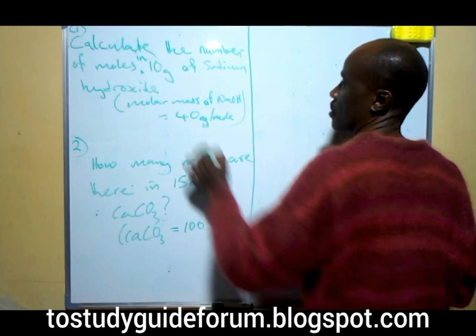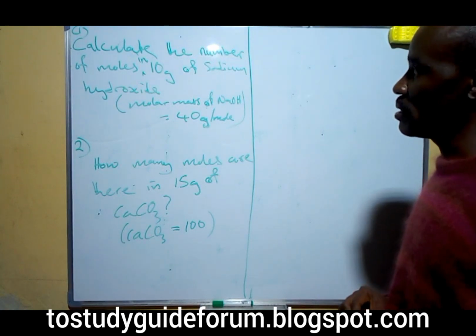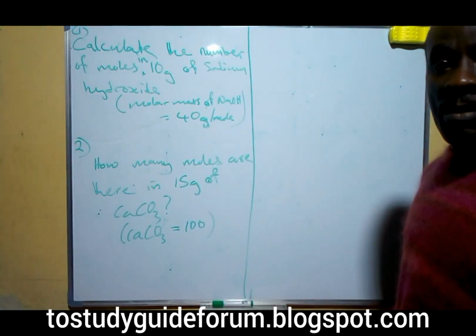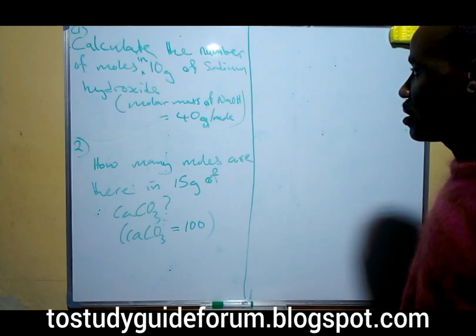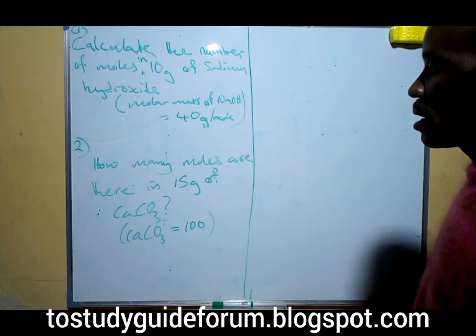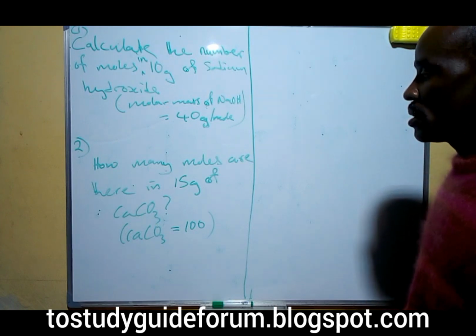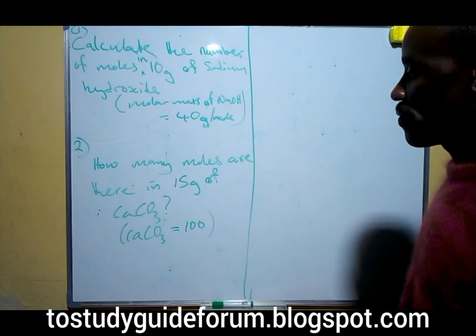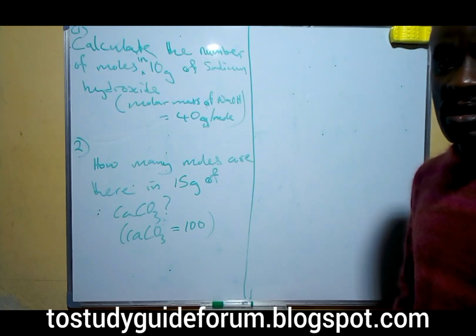The molar mass of sodium hydroxide is given already as 40 grams per mole. And the second question says, how many moles are there in 15 grams of calcium carbonate?